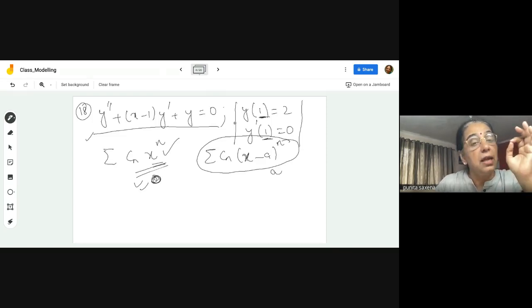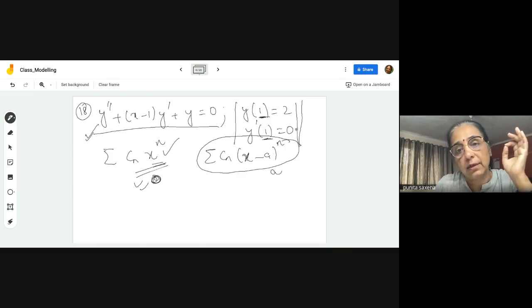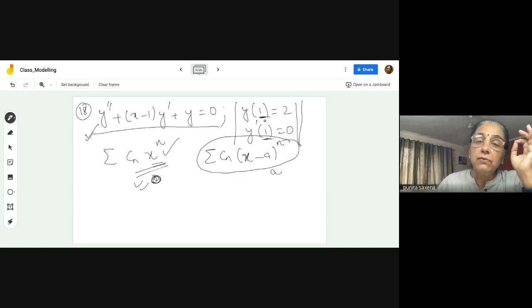So the moment we are given a differential equation, we not only have to see the coefficients and identify the singular and the ordinary points, but we also have to look at how the initial conditions are given. If they are given about some point A different from 0, then this is the series that we should be talking of.